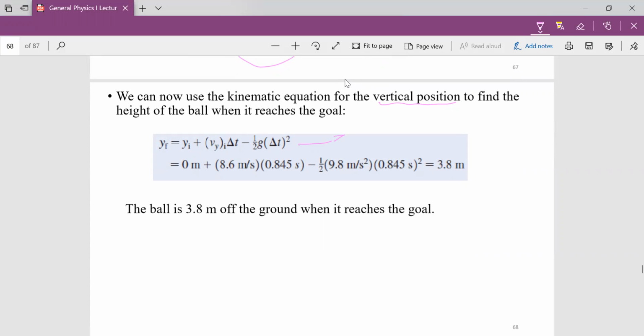So when we input that into our equation, we're able to find that the distance off the ground was 3.8 meters, all right?